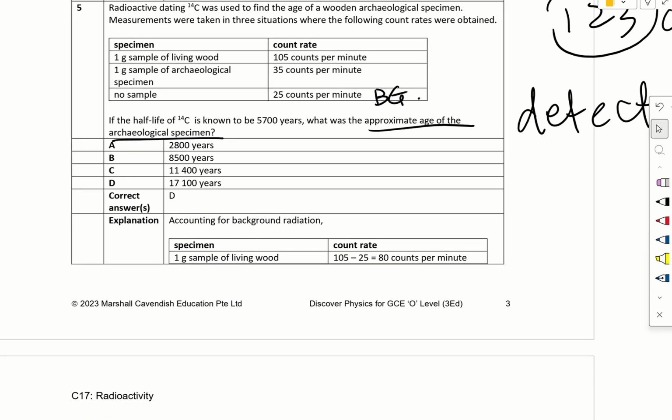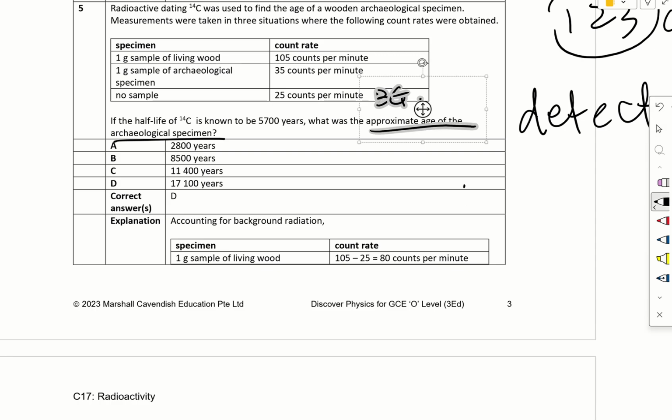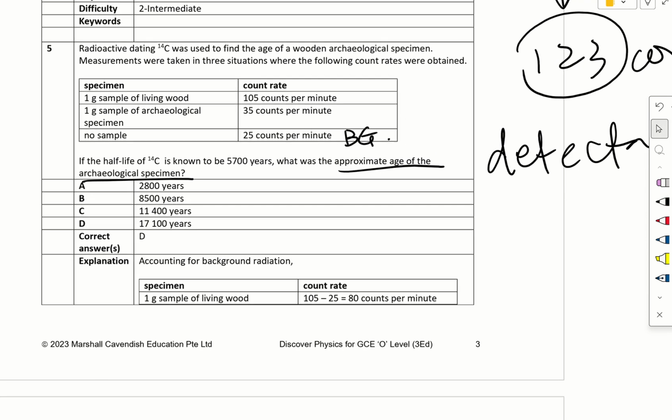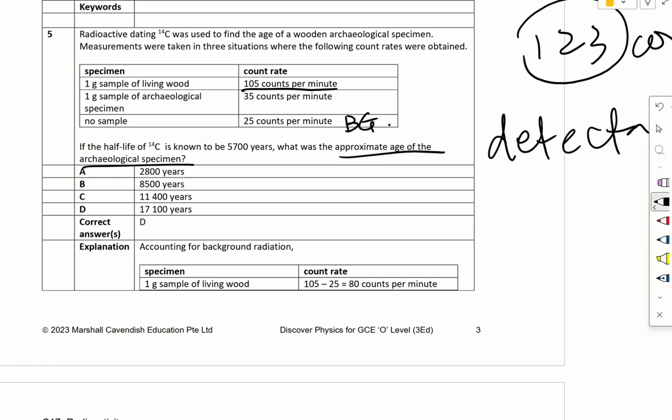what was the approximate age of this archaeological specimen? So I now have 105. Let's bring in the background count. So this is the reading on the counter, 105. But because there's background count, I need to take 105 minus 25 to get 80 counts per minute.